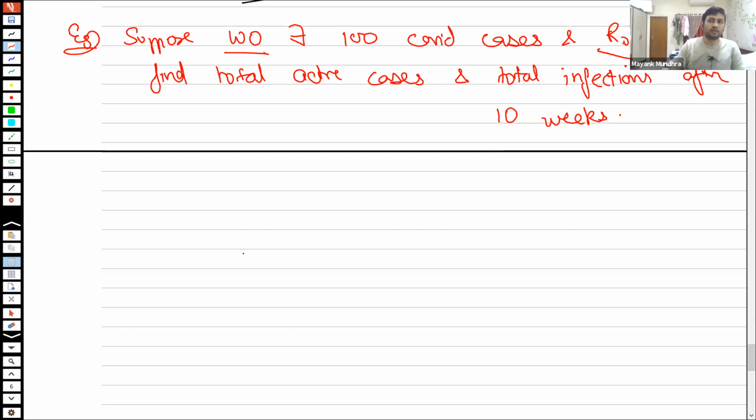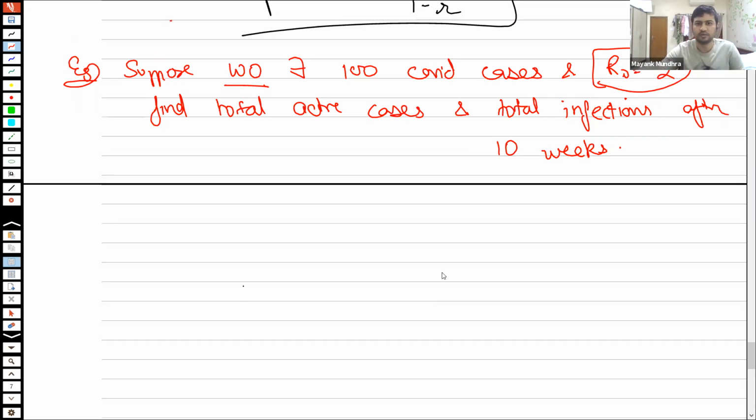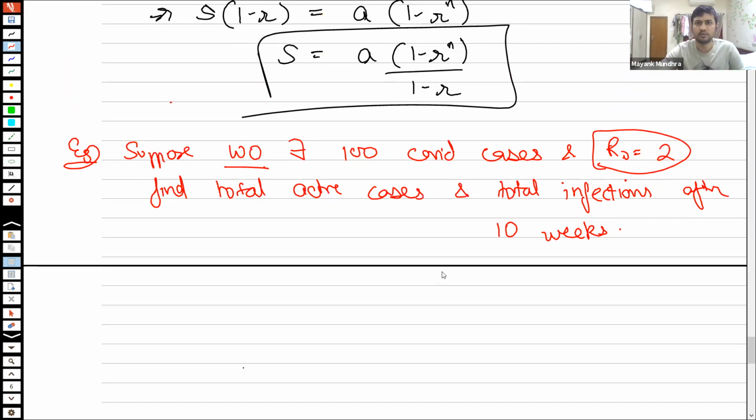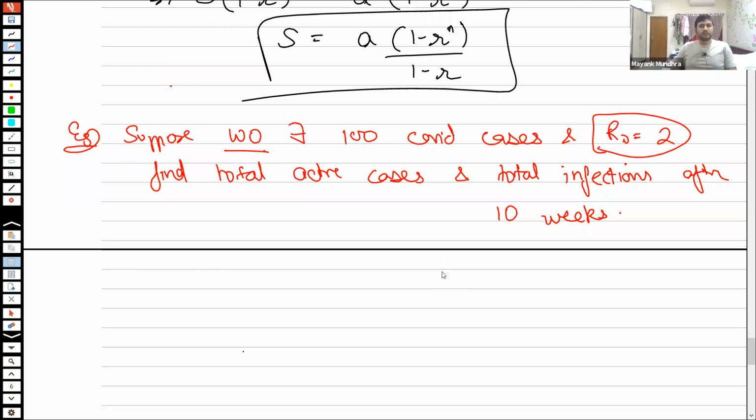And R naught is calculated for a 2 week period, not a 1 week period. It's calculated for 2 weeks. Let me open this formula for you. Yeah, use this formula.